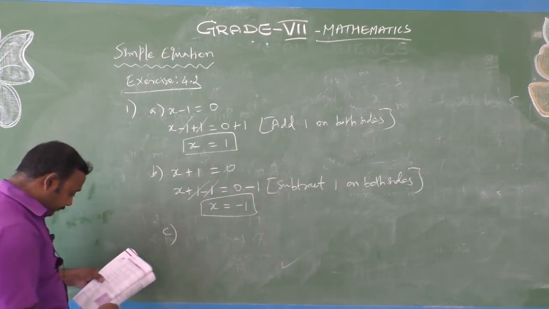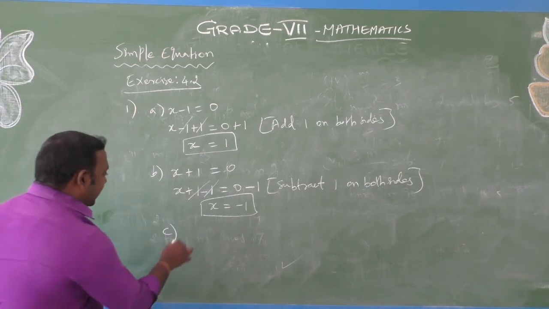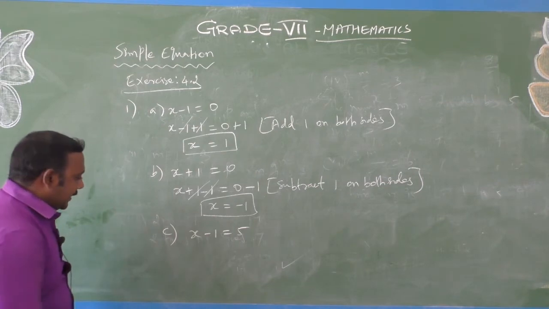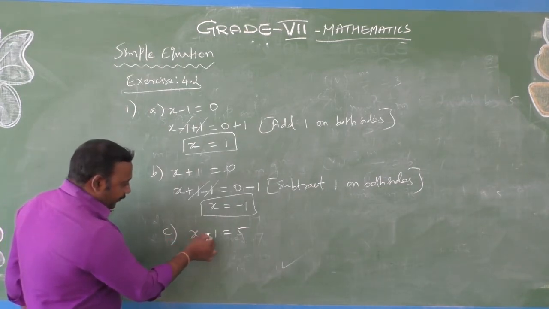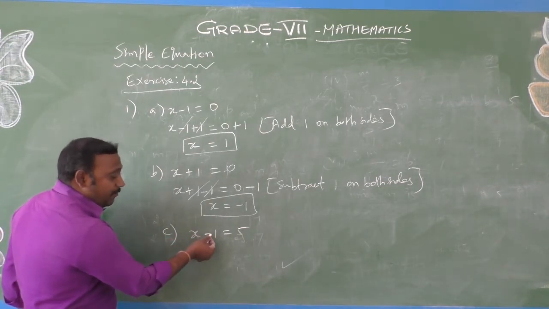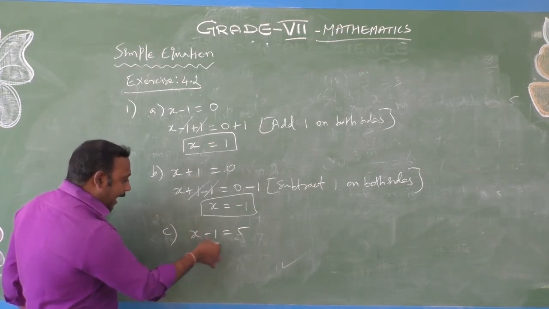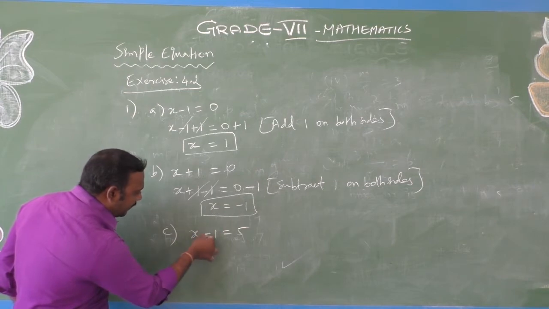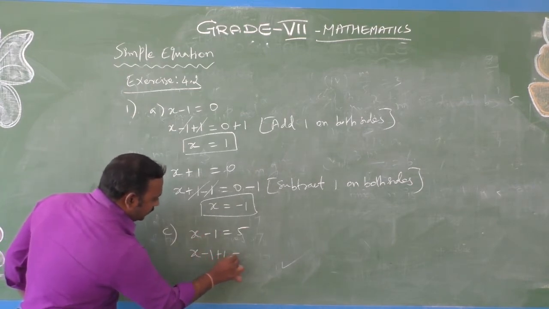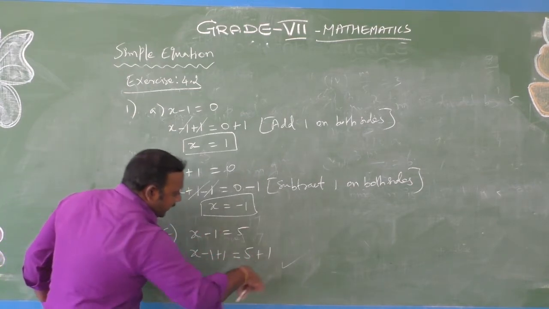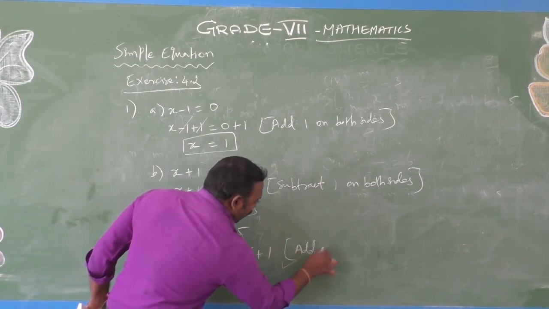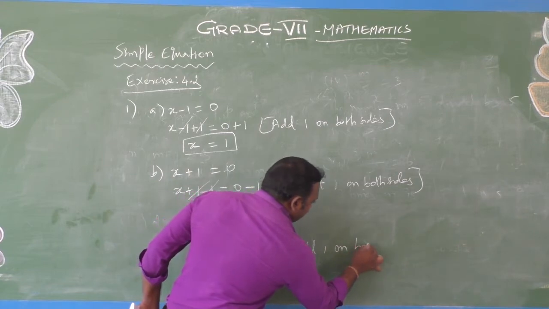Then see, x minus 1 is equal to 5. Here we have minus 1, so I add 1 on both sides. The opposite of minus 1 is plus 1.